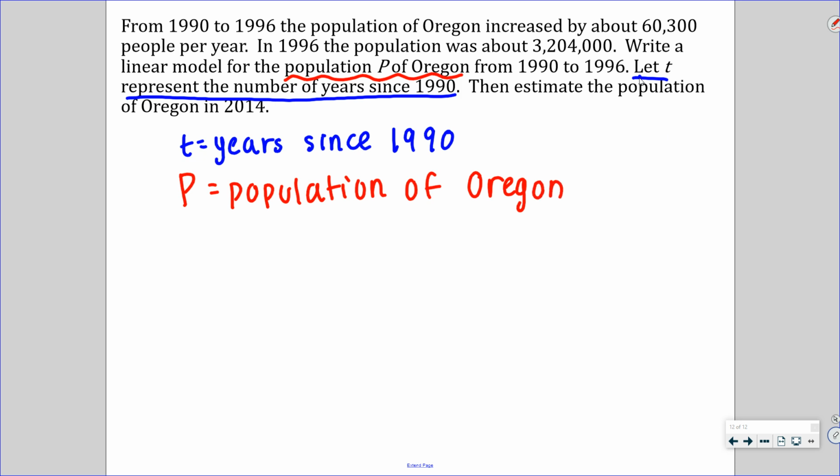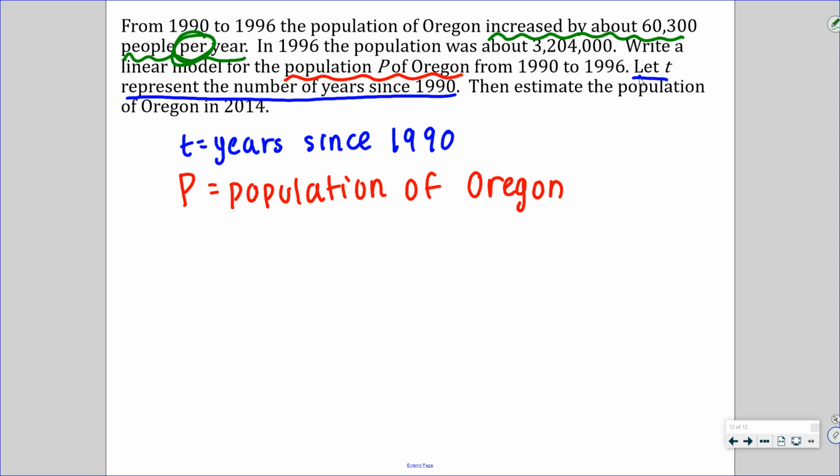Now this one's a little bit more interesting because of the first statement they tell us. They say from 1990 to 1996, the population increased by about 60,300 people per year. They're telling me my rate of change there. They're not telling me what the population was in 1990.